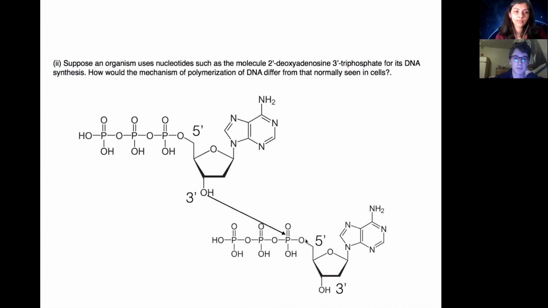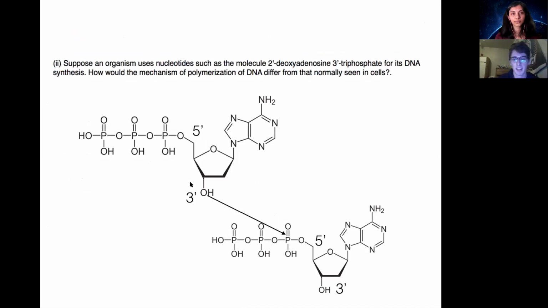All right. So the next question asks, suppose an organism uses nucleotides such as the molecule 2' deoxyadenosine 3' triphosphate for its DNA synthesis, how would the mechanism of polymerization of DNA differ? So seen here is just some generic normal nucleotides.